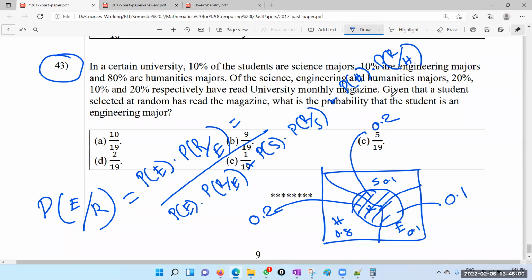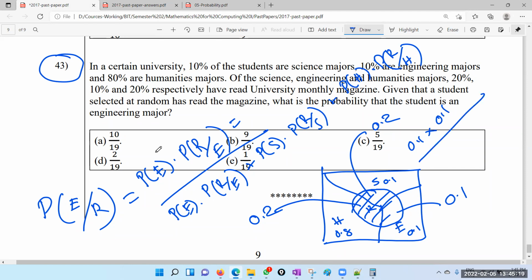Then let's see whether we can simplify the answer. Probability of engineering is 0.1, into probability of read given engineering, 0.1.